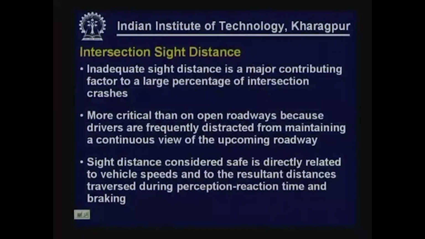Sight distances which are considered safe directly depend on vehicle speed. Always it depends on the vehicle speed and the resultant distances traversed during perception reaction time and braking. We have already discussed the sight distance consideration, particularly stopping sight distance.